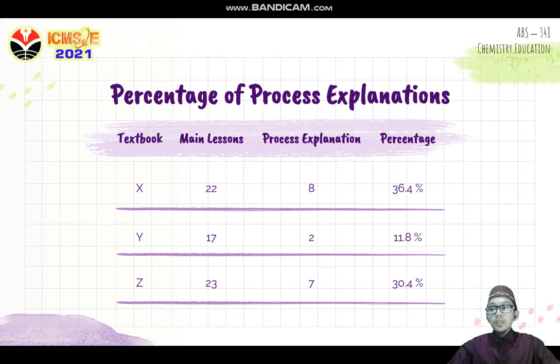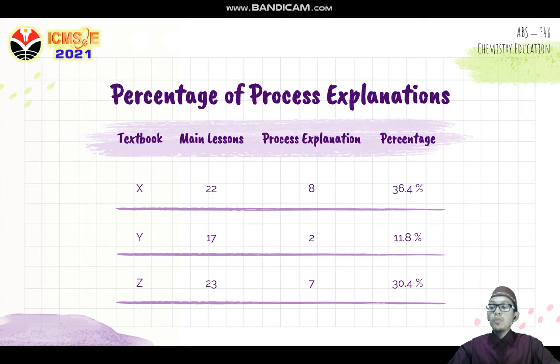Based on the result of analysis, it can be identified that textbook X has the largest percentage in explaining lessons with a process explanation model, that is 36.4%, while textbook Y is 11.8%, and textbook Z is 30.4%.